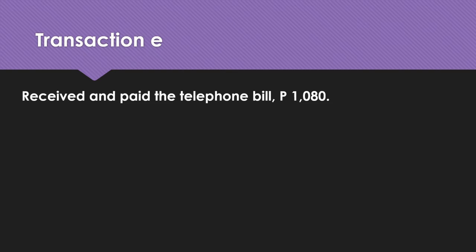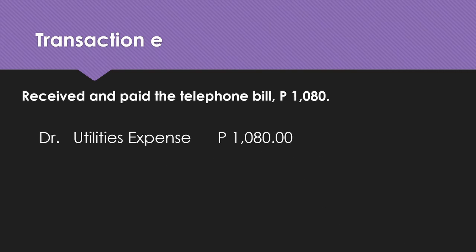Okay, so, we'll use the title utilities expense. Okay, so nag-increase ang gastos or utilities expense ng company. And expense, kapag nag-increase, ito ay debit. Okay, and what decreased? Okay, nagbayad ka. So your cash decreased.